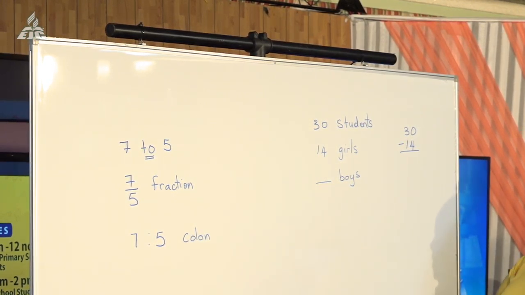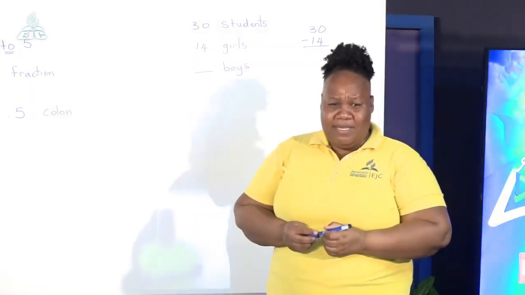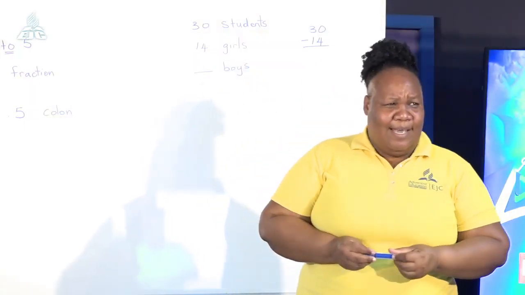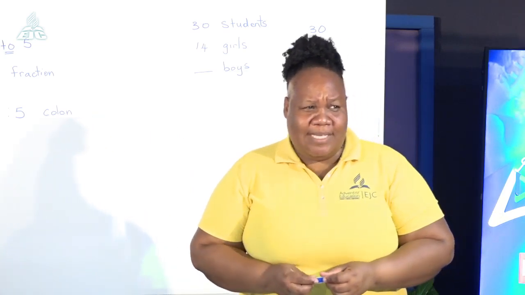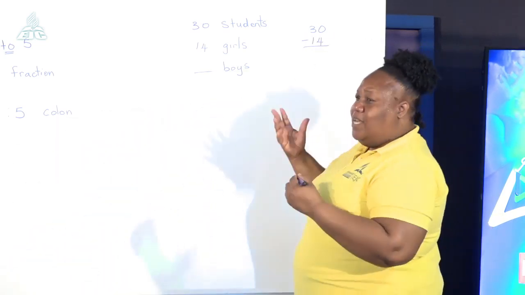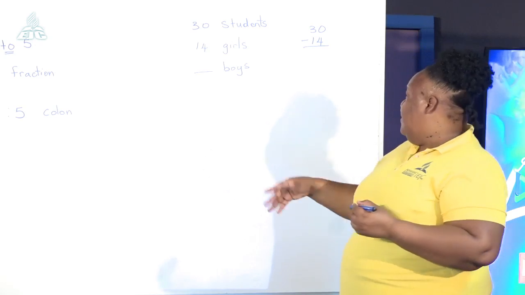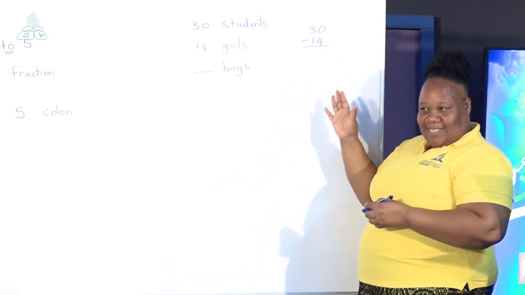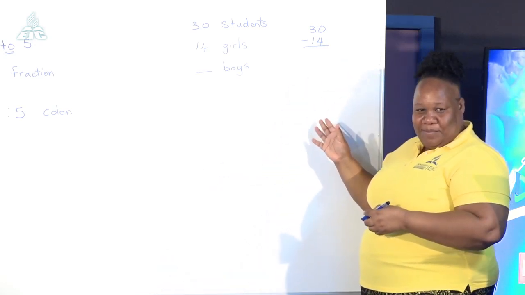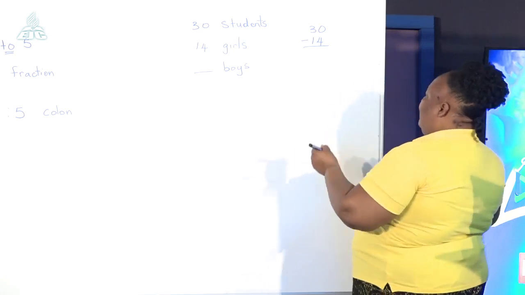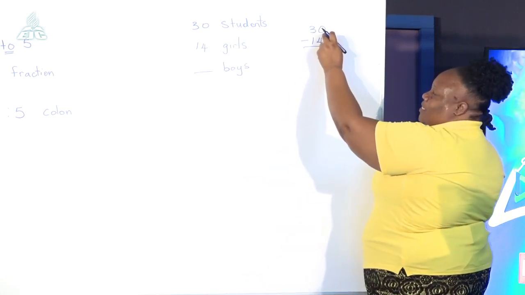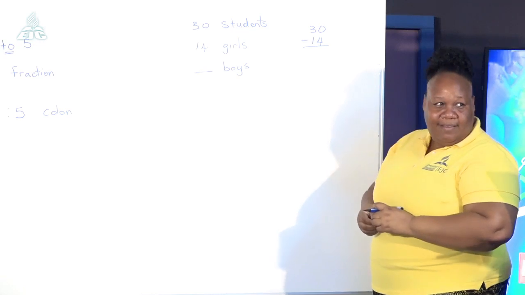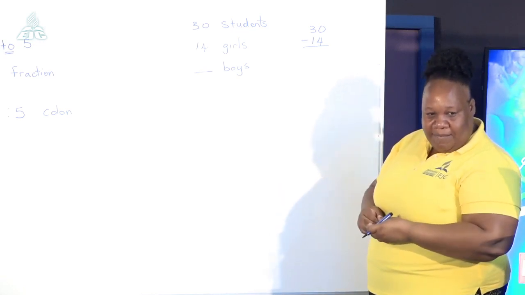And I know somebody will be saying, 16, miss, how did you get that? How did you come up with 16? All right, because I don't want to leave anybody behind, we're going to take it step by step. Okay? So we know that 4 from 0, we can't. So we have to do some renaming.